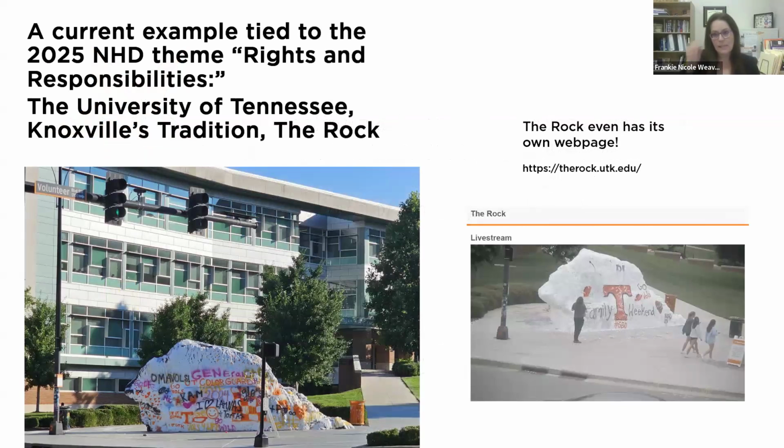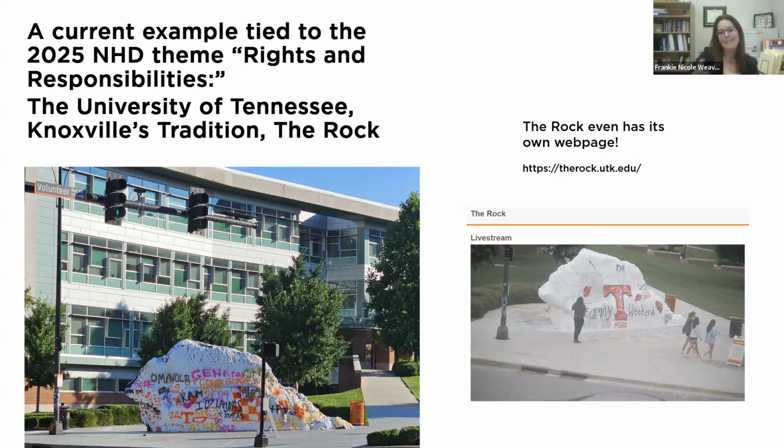So this ties nicely with something that I got to do this summer with our student interns. It's probably the highlight of my year, working with our student interns that then support the Tennessee Civics Academy. And I also have a creative side, and we have a big rock here, and I wanted to paint it with the students.